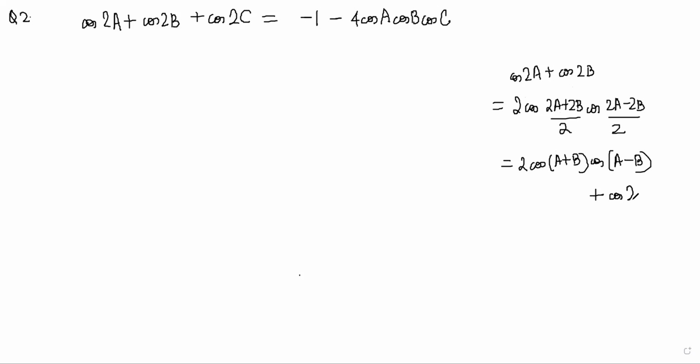Now you want to take something common here. First of all, notice that cos (a plus b) will be minus cos c, because a plus b plus c is 180.